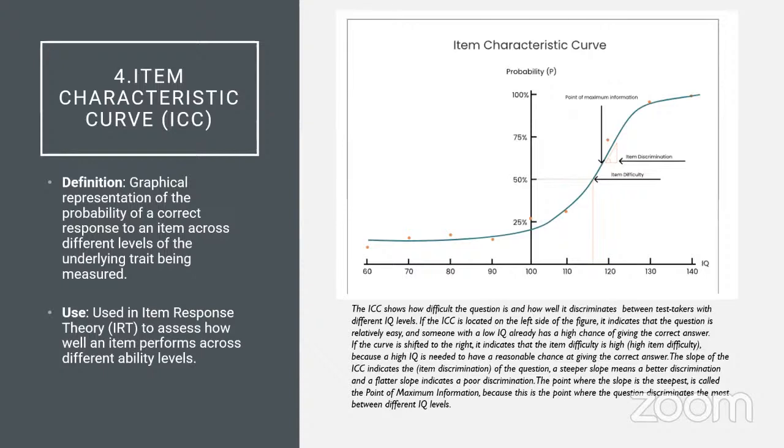So here you can find out the item difficulty, 50% chance. When the score is 120, then 50% chance is the correct type. Another one, this is the item difficulty. And the next one is the item discrimination.